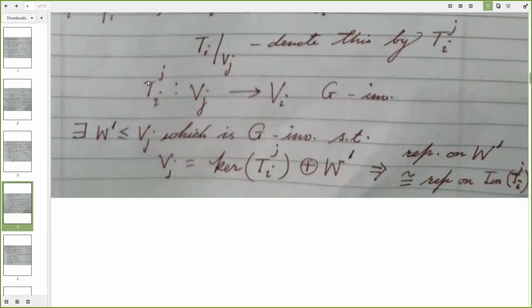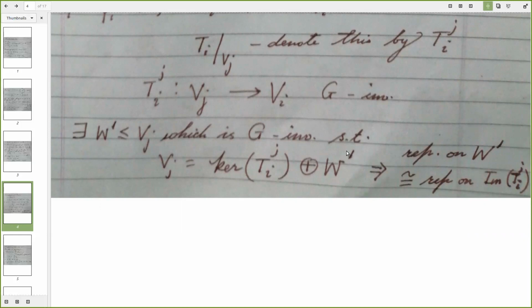Since this is a G-invariant map, both image and kernel will also be G-invariant subspaces of V_i and V_j respectively. So the kernel is a G-invariant subspace of V_j, and we know from one of the earlier classes that the kernel admits a G-invariant complement. So there is a W prime, a subspace which is G-invariant, such that V_j can be written as the direct sum of the kernel and W prime.